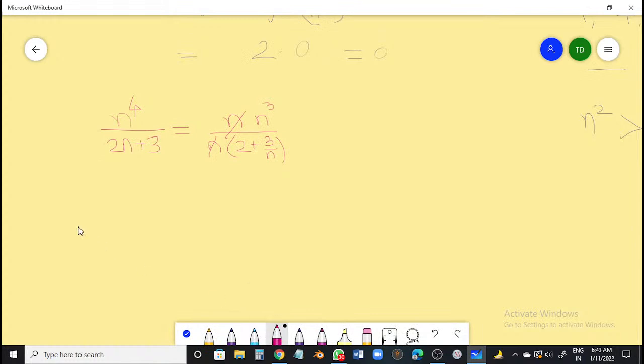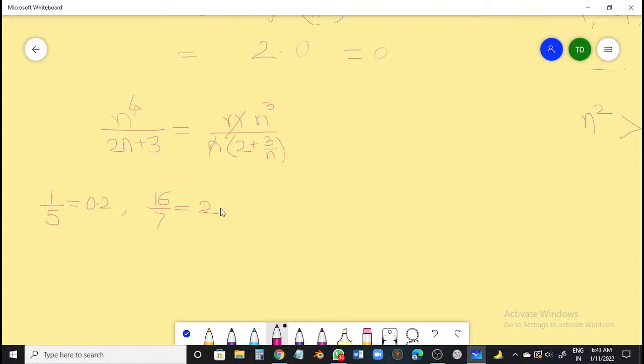I think the result is quite clear to you. If I put n equal to 1, what do I get? 1 over 5, which means 0.2. The second term is 2 raised to 4, meaning 16, upon 2 twos are 4 plus 3, 7. 16 by 7: 7 twos are 14, plus 2 is left.